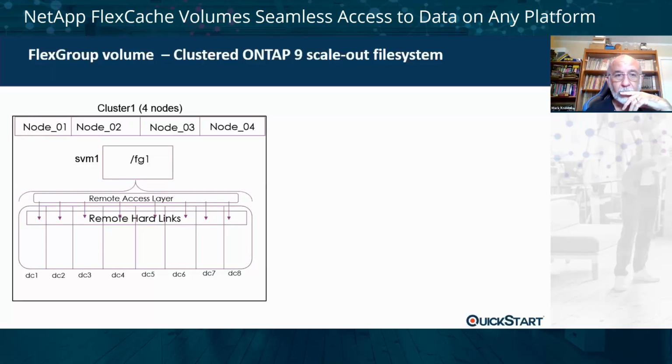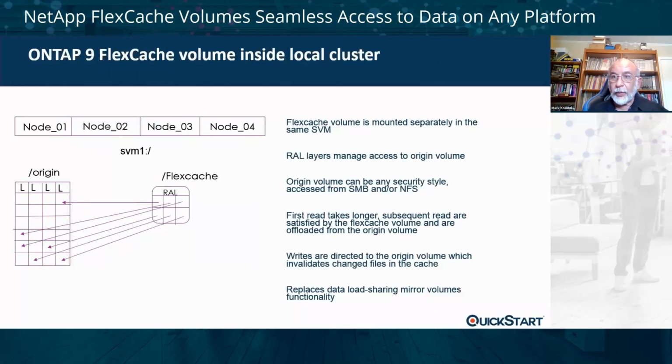So we take this idea and we're going to extend it out to possibly within a cluster. Sometimes there are workloads that people run that are extremely read intensive. And there's a limit to how many reads a particular node might be able to handle. So what I can do in those situations is I create this FlexCache volume inside the cluster.